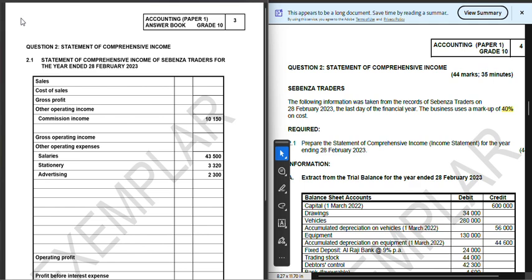Ladies and gentlemen, you start indicating. Markup plus cost price is equal to selling price, which means cost price is 100%. Markup is profit, so this is 40%.